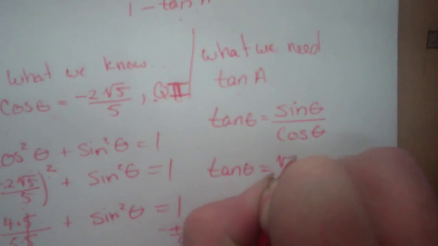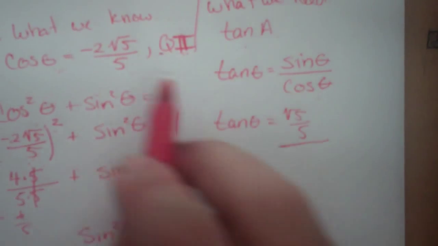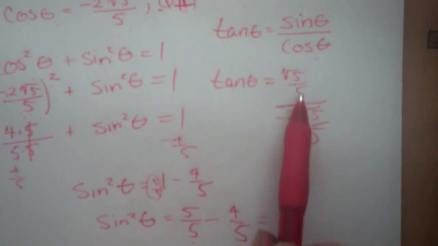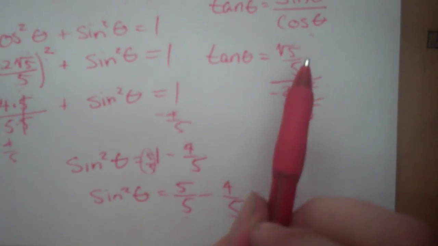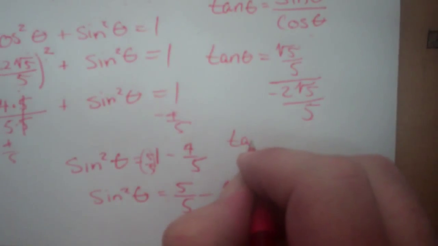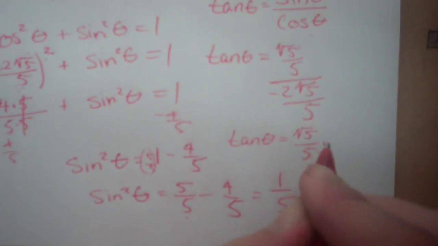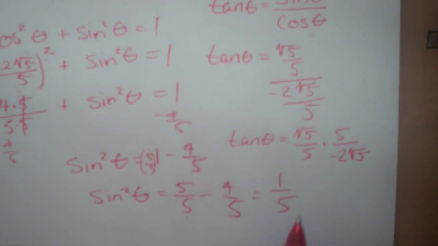This is radical 5 over 5 over the cosine of theta. The cosine of theta is negative 2 radical 5 over 5. What do we do when we are dividing two fractions like this? You're absolutely right if you said that we should multiply by the reciprocal. So the tangent of theta is equal to radical 5 over 5 times 5 over negative 2 radical 5, right?